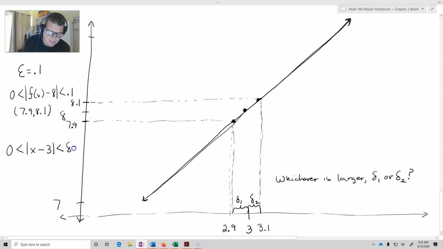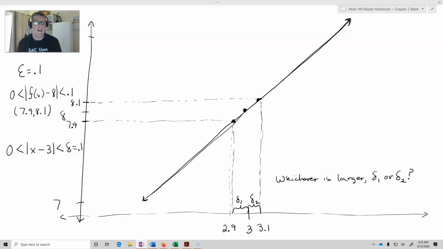So this delta equals 0.1, because 3.1 minus 3 is 0.1, and 3 minus 2.9 is 0.1. So if epsilon is 0.1, if our f of x's are within 0.1 of 8, then what we're going to get back is a delta that is within 0.1 of 3.